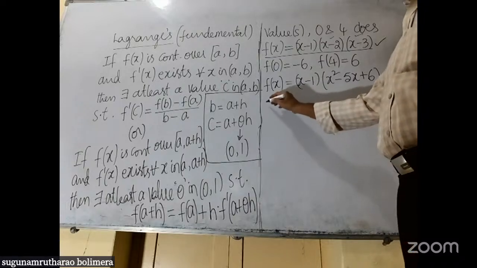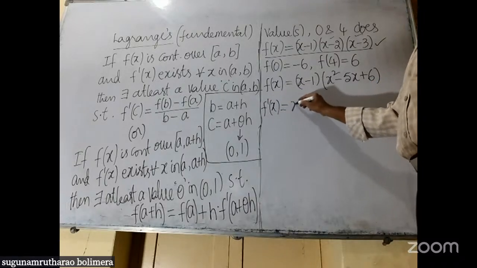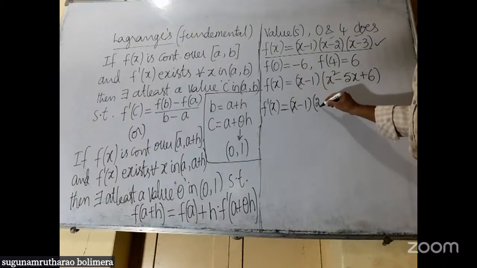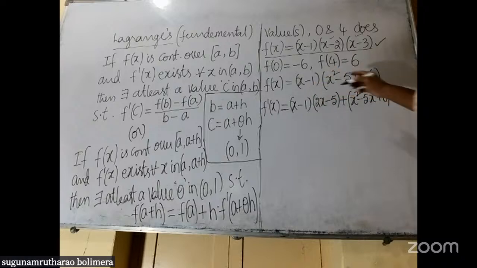So now f dash of x is x minus 1 into 2x minus 5, plus x squared minus 5x plus 6 into the derivative of x minus 1, which is 1.